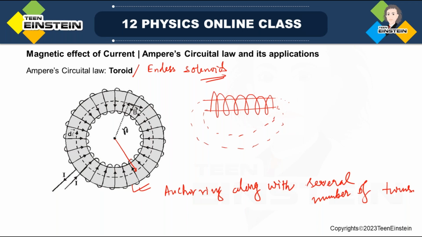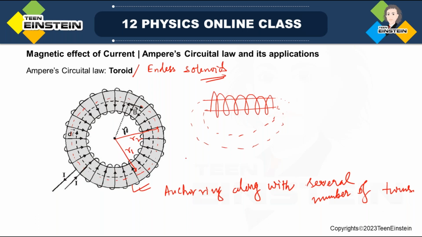Suppose this is R1, and if I draw another magnetic field line at a certain distance from the center, say R2. This radius R2 is fixed, so the value of the magnetic field will also be fixed.